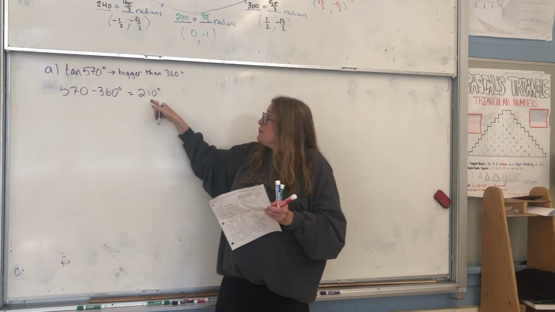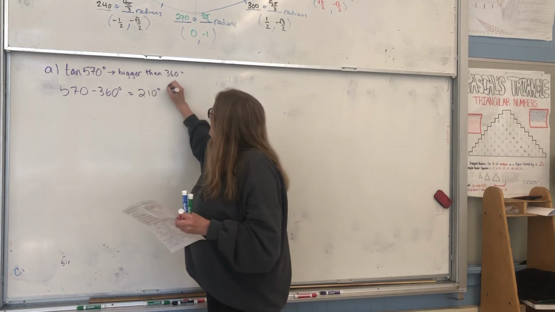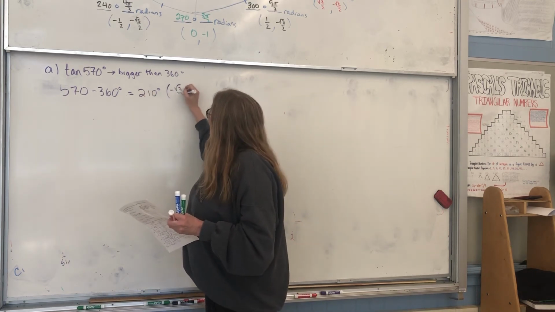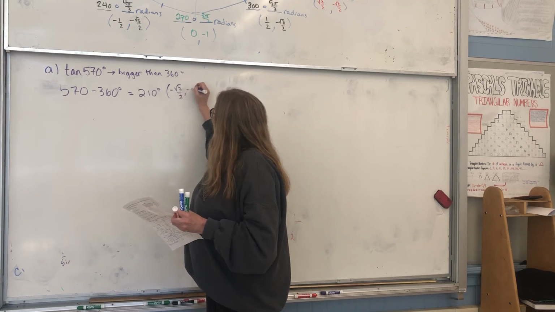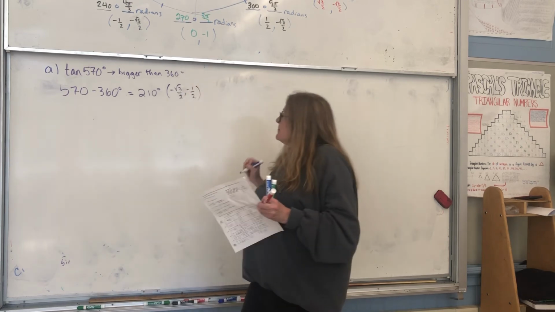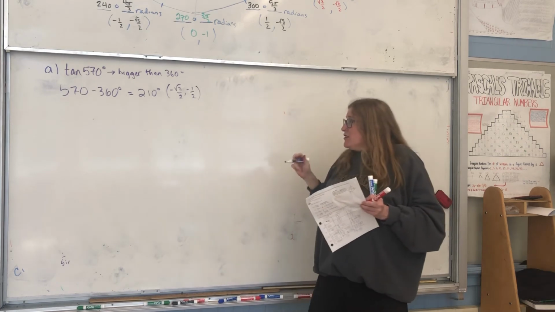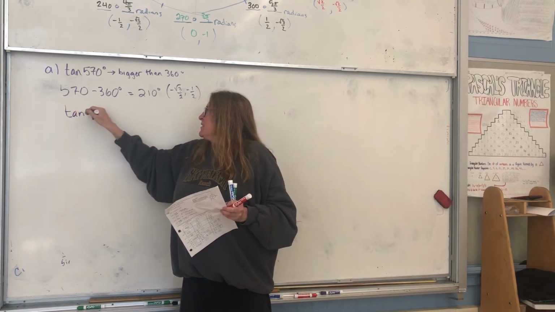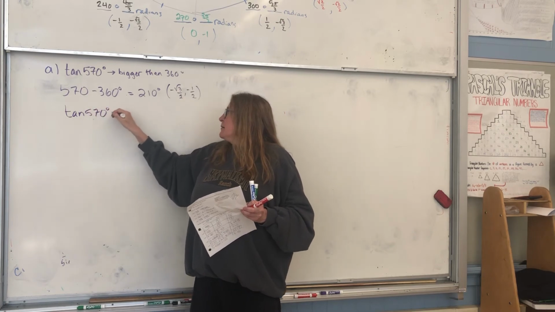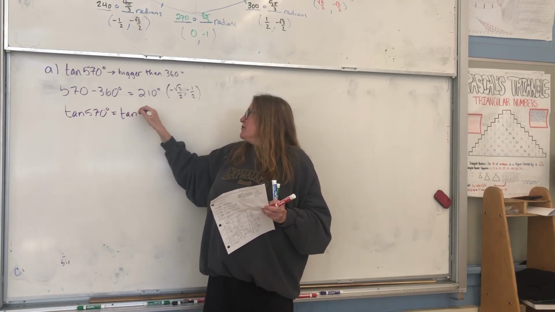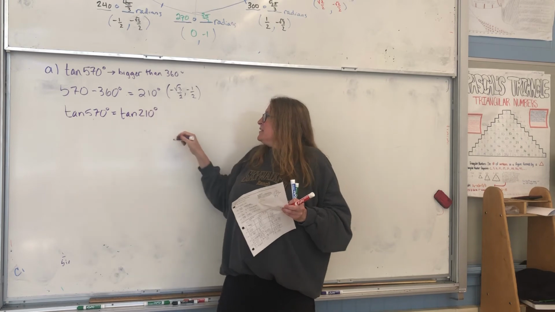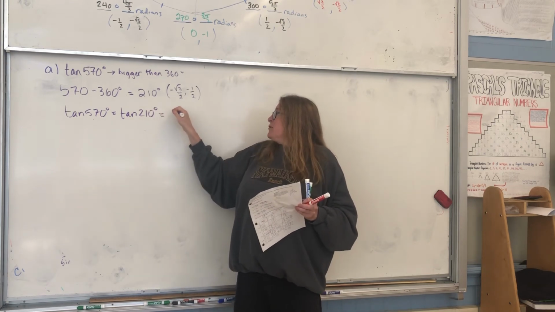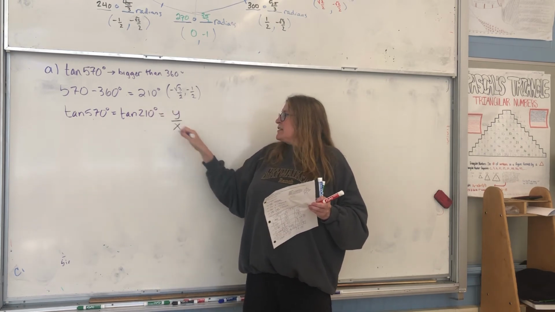So if you remember from the problem before, 210 has the coordinates -√3 over 2, comma, -1/2. So if I want to find the tangent of 570, that's the same thing as the tangent of 210. Right? Because we just found a coterminal angle, and the tangent is equal to the y-coordinate over the x-coordinate.